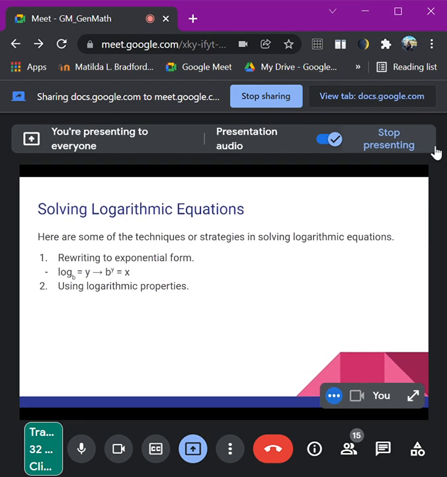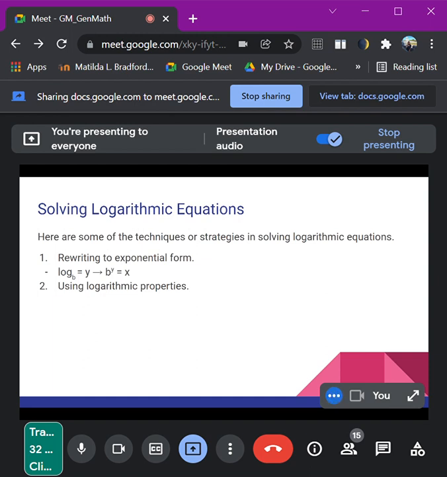Using logarithmic properties. Okay, we have here using logarithmic properties. We had 4 logarithmic properties, so you can use that in solving your logarithmic equations. This is not necessarily a sequence of steps, class. These are the ways that make your solution easier.